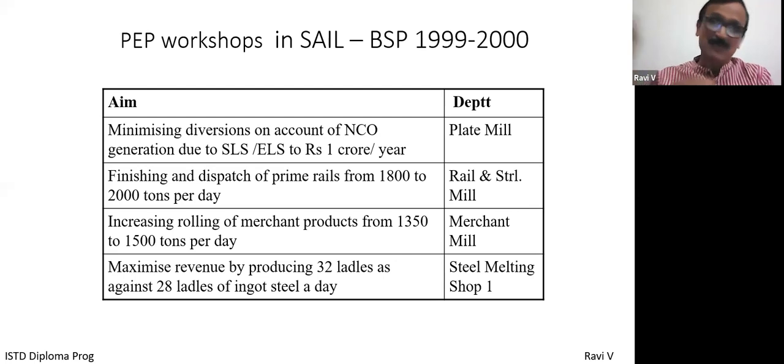In '92, with liberalization and privatization, the market was open for dumping steel from the CIS, ex-Soviet Union countries, South Korea, Japan and China particularly. The rail mill had to buck up. So we did a similar workshop for the rail mill, then merchant products and steel melting shops, and so on.